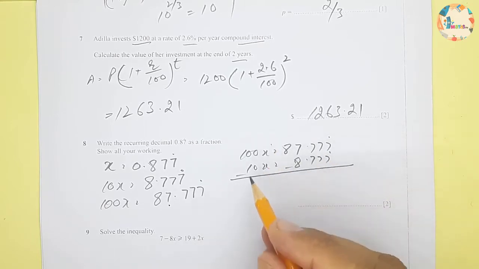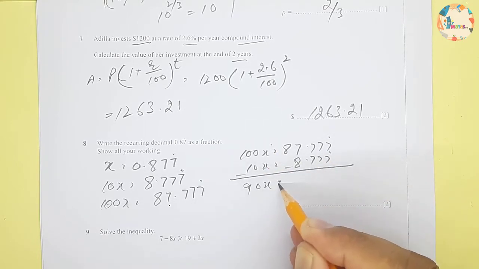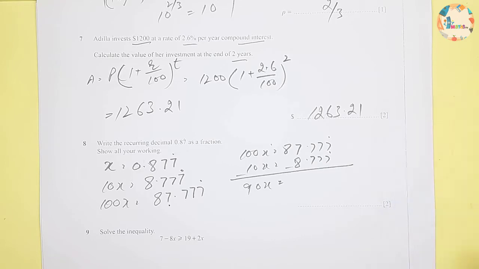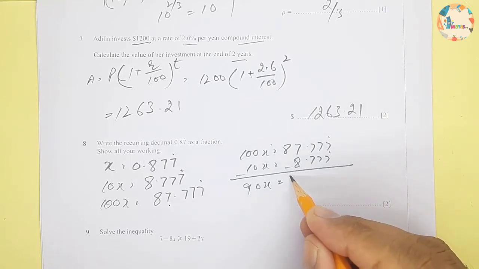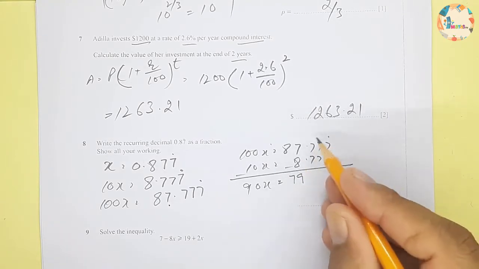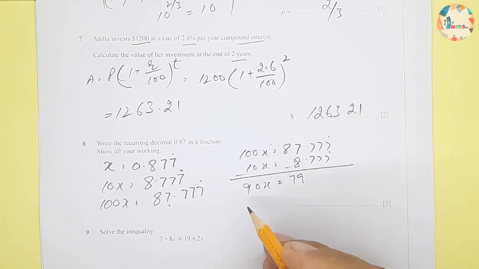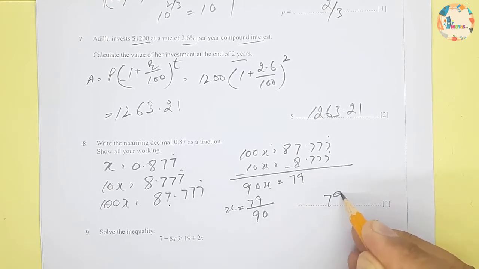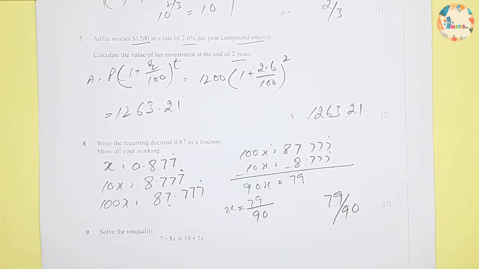After subtraction, this will be 90x is equal to 87 minus 8, which is 79. So this will be 79 and the recurring portion will be gone. So x will be equal to 79 over 90. 79 over 90 will be our answer in fraction form.